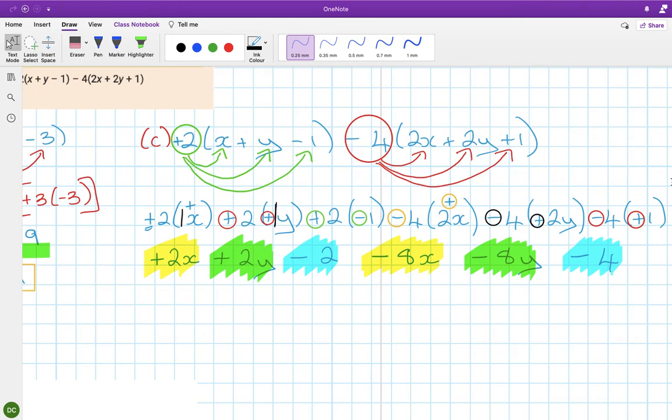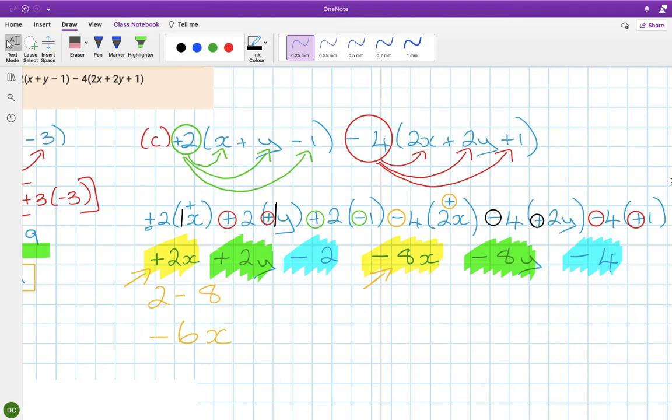So, for the x family in yellow, the sum we're doing is 2 minus 8. The 2 from here and the minus 8 from here. So that's what goes into your calculator, 2 minus 8. 2 minus 8 is minus 6. And then don't forget to put back on the family name, which was the x's.